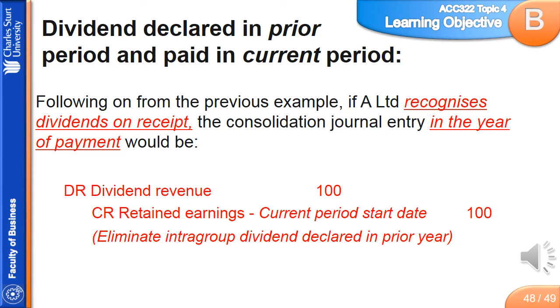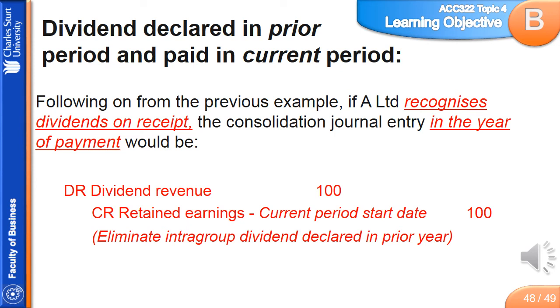Now looking at the final type of dividend adjustment, where dividends are declared in the prior period and paid in the current period. Following the previous example we looked at on slide 47, if A, the parent, recognises the dividend on receipt, so in the prior year they didn't recognise any dividend revenue or dividend receivable, they only recognise it when they actually received it, which is in the current year, they would need to perform the following consolidation entry, which would be a debit revenue 100 and a credit to retained earnings.